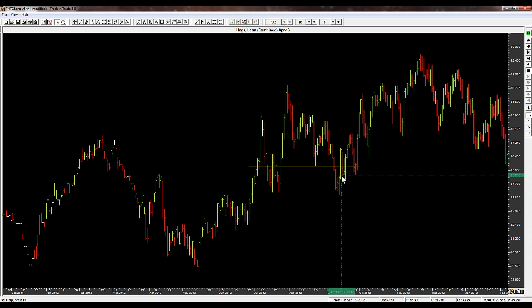So we get our green-red bar combination here, no follow through. Prices drift somewhat again. We get our green-red bar combination here, and at least we get a little bit of follow through on it. Now we should be alerted when the market is unable to continue lower and actually starts to swing higher. That tells us that the trend, or in this case the downtrend, is probably in jeopardy.